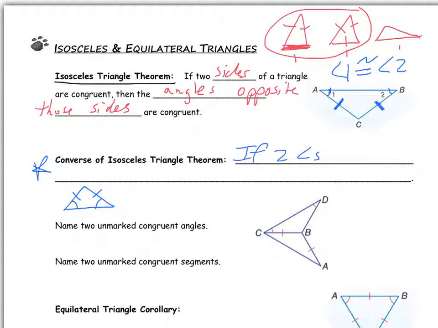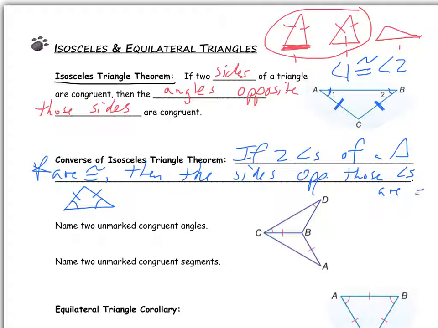If two angles of a triangle are congruent, then the sides opposite those angles are congruent.